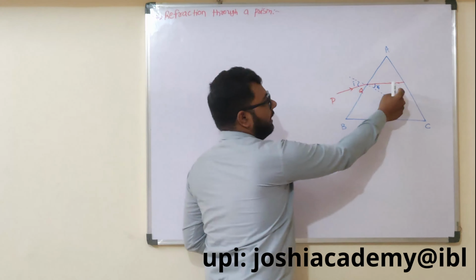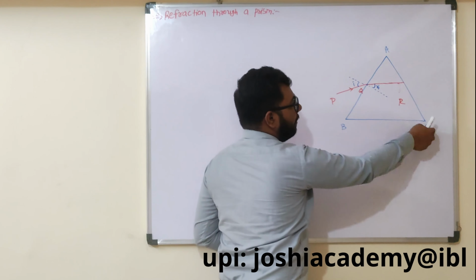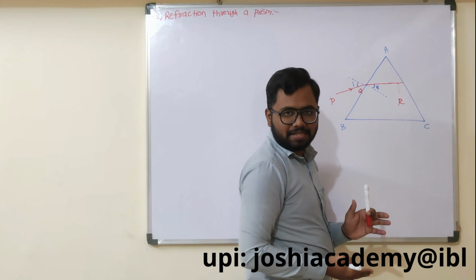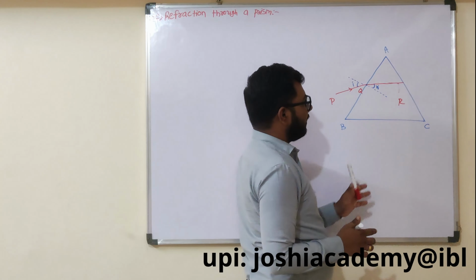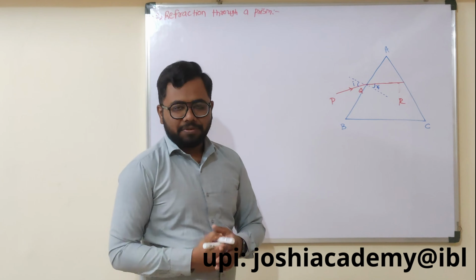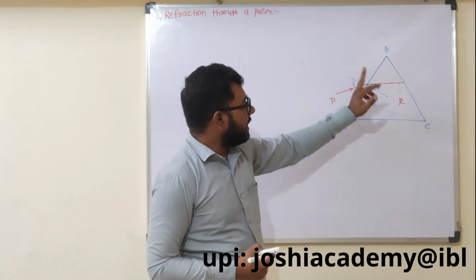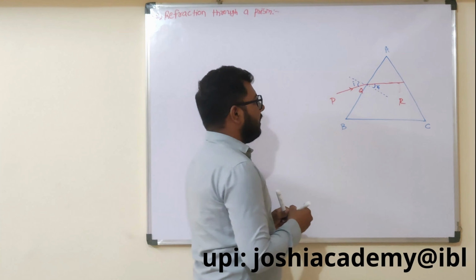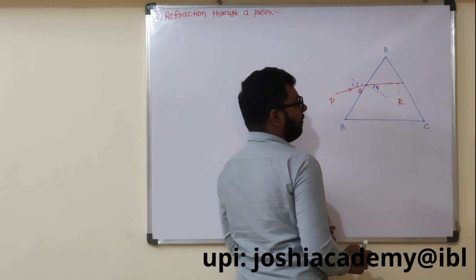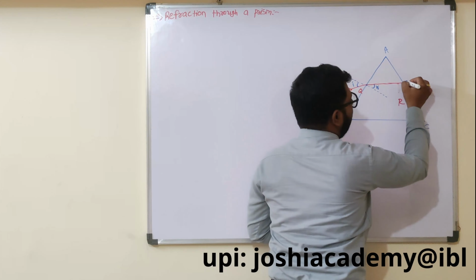Now as you can see, it is incident on this side AC. So again it will make some angle of incidence and again it will get refracted. In order to figure out the angle of incidence, we need to again draw a normal to the side AC, and that can be done by choosing the point of incidence and drawing a normal to it.